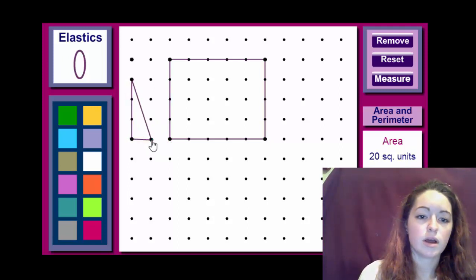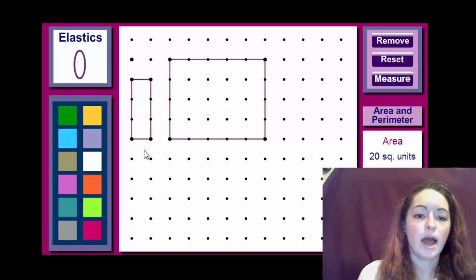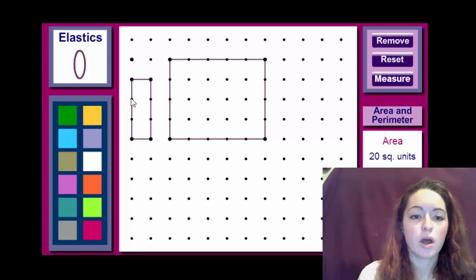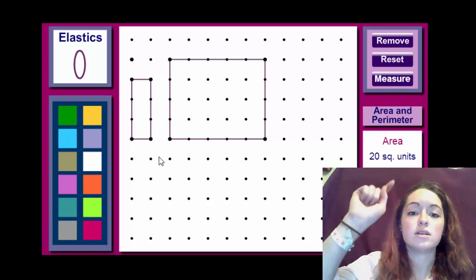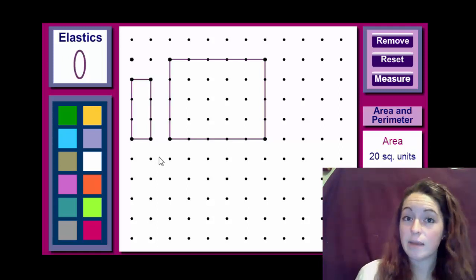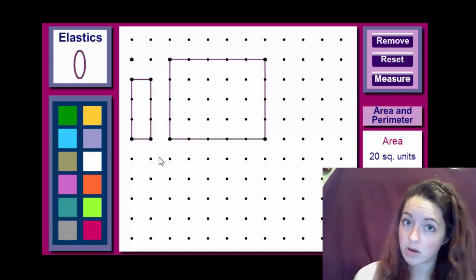Let's check another rectangle and see what happens when we create a different one. So I'm going to create a smaller rectangle to see if the same rule holds. So I have 1, 2, 3 up and 1 across, 1, 2, 3 down, and 1 across. So it seems to be that the top and the bottom measurements are the same, and the left and the right measurements are the same.